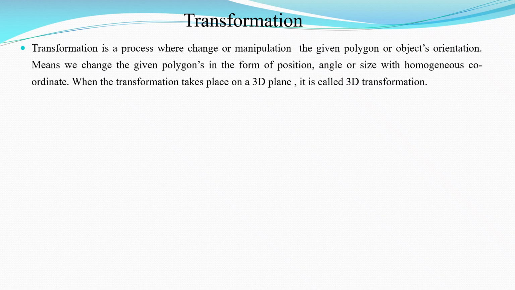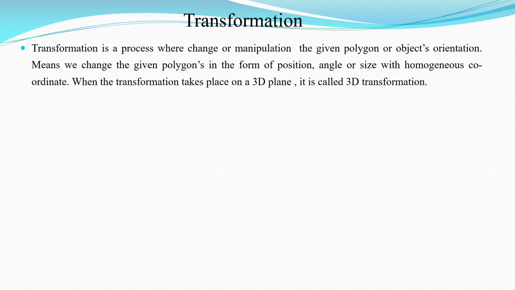So in this video we are focusing on how 3D transformation works in computer graphics. When the transformation takes place on a 3D plane, it occurs on the x-axis, y-axis, and z-axis.